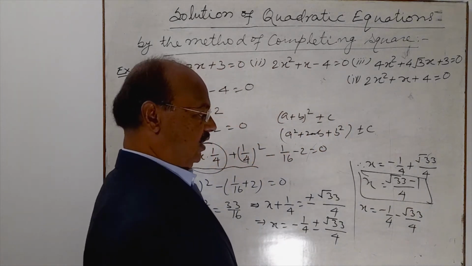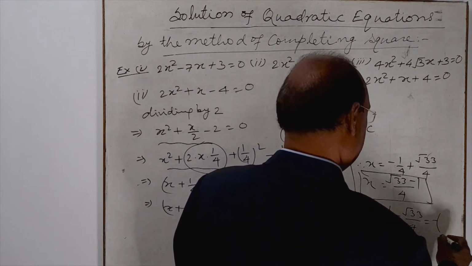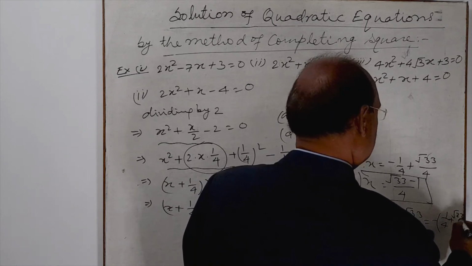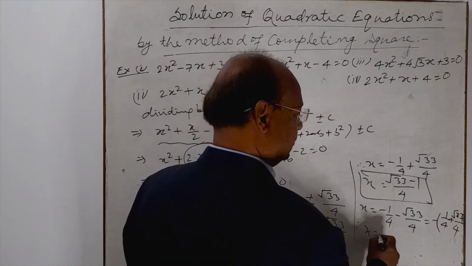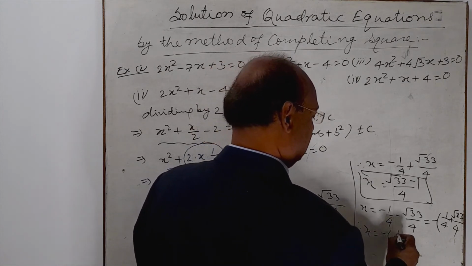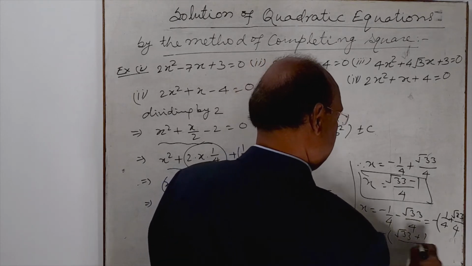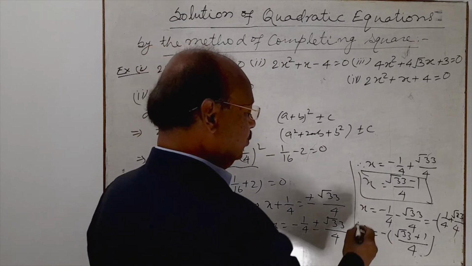Correct? And simplify it. So this is equal to, minus will be common, 1 by 4 plus root 33 by 4. And therefore x is equal to minus of root 33 plus 1 by 4. So we are getting here two values of x.